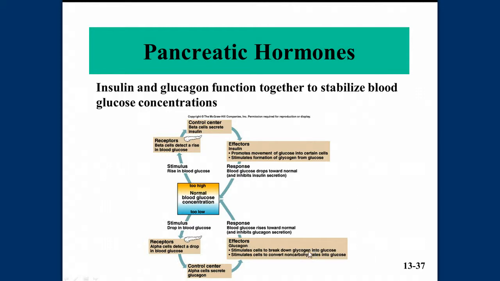The glycogen is broken down into glucose. It stimulates the cell to convert the non-carbohydrates into glucose. Non-carbohydrates would be proteins and fats. So that would increase the blood glucose levels, return it closer to normal, and then you have normal blood glucose concentration, and the whole cycle can begin again.